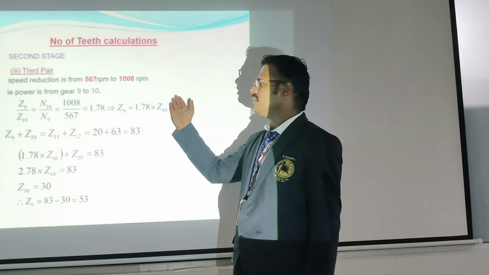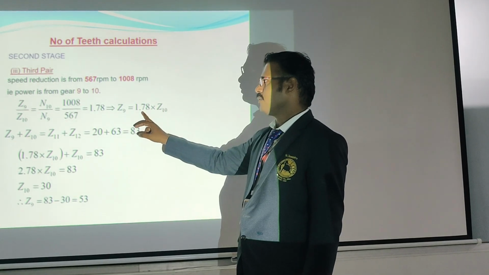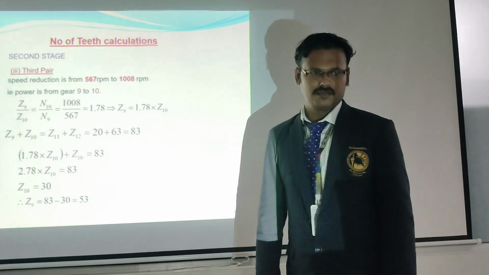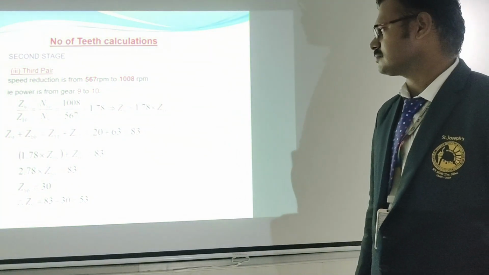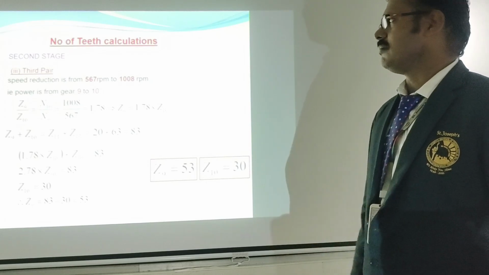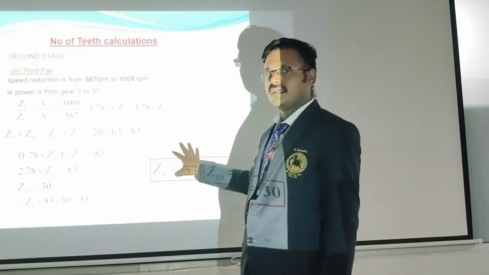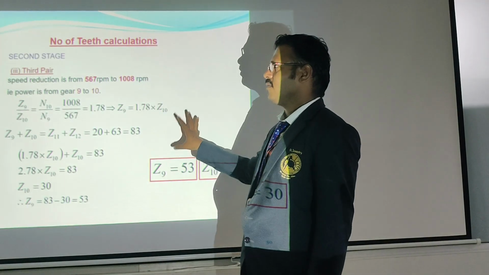Even we can substitute in this equation also. If we substitute Z10 as 30 into 1.78 will be the Z9. Z9 equal to 53, so Z10 will be equal to 30. So in second stage we have completed 3 pairs.